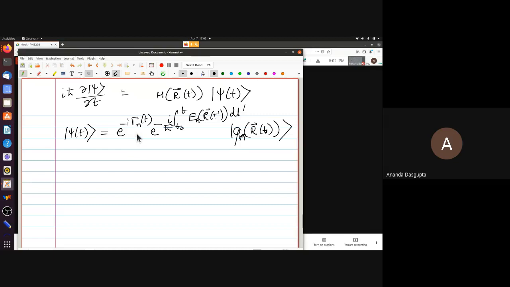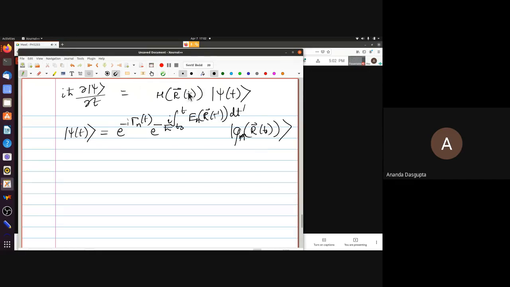Yes? This is a time evolution of a state, right? Because the only tool we have is the Schrodinger equation, nothing else. To find out γn(t), what we will have to do is take this expression and plug it into the Schrodinger equation.